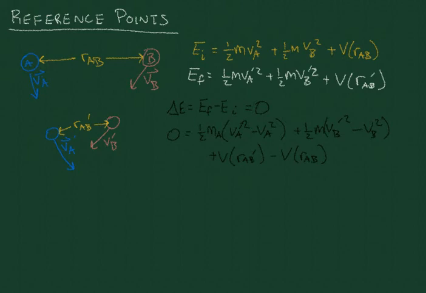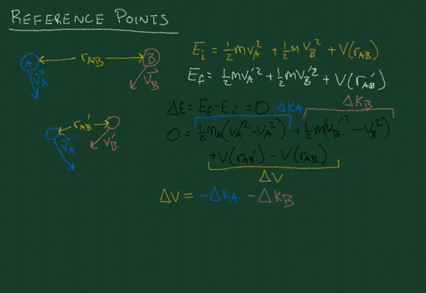Now we notice this term is just the change in kinetic energy for particle A. This term is the change in kinetic energy for particle B, and these terms are the change in potential energy. So if we move the kinetic energies to the other side, the change in potential energy is equal to minus the change in kinetic energy of particle A minus the change in kinetic energy of particle B.